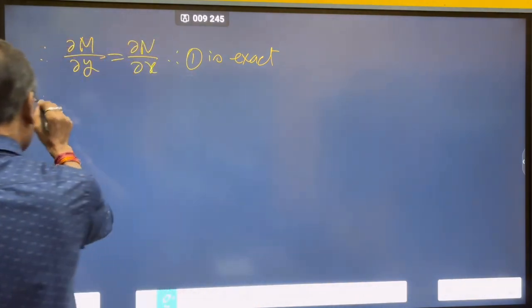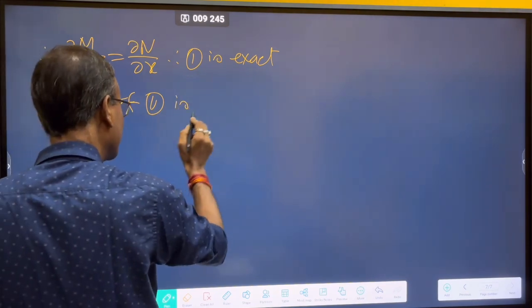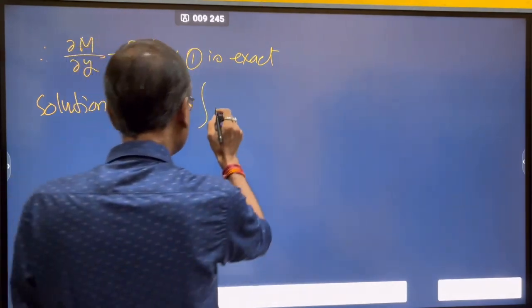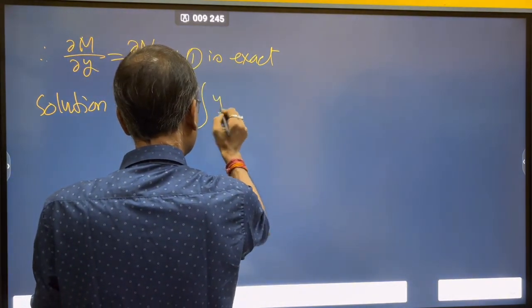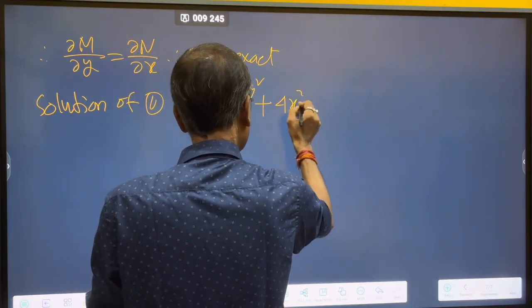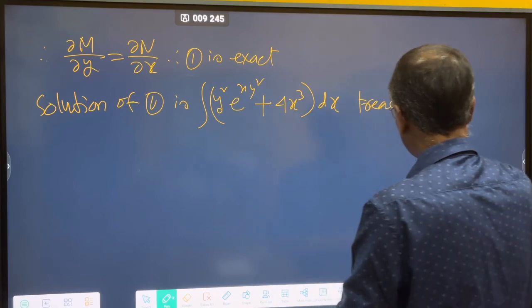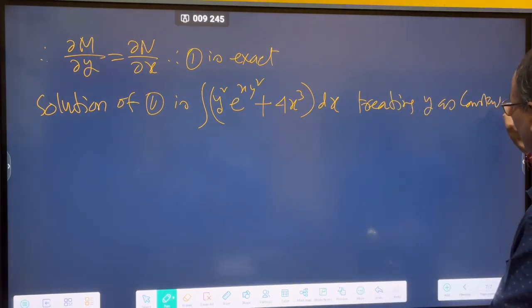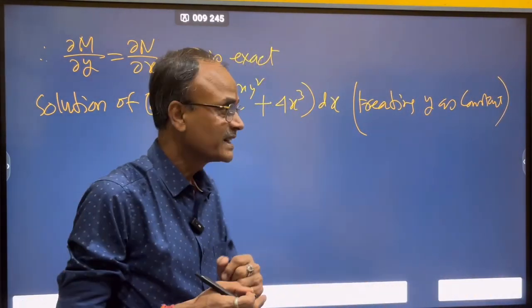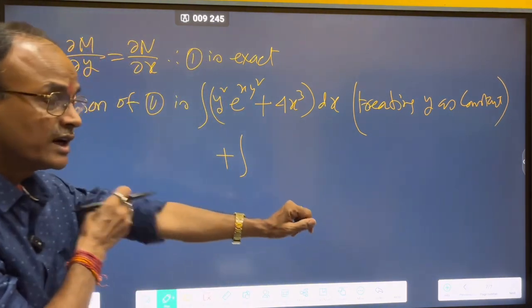Solution of 1 is: the solution of the differential equation 1 is integral M dx, treating y as constant, that is integral of (y²e^(xy²) + 4x³)dx, treating y as constant, plus integral of N terms.